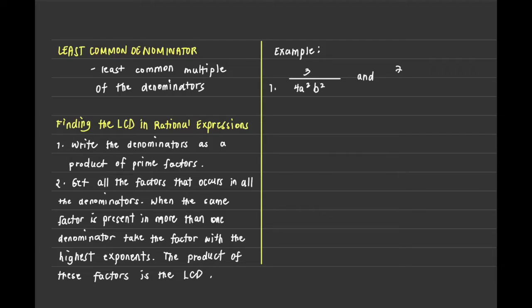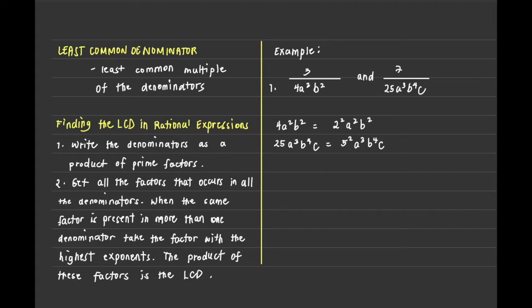Number 1. We have the denominators 4a squared b squared and 25a cubed b raised to 4 c from the given rational expressions. We get their prime factors and we now get the LCD by multiplying 2 squared, 5 squared, a cubed, b raised to 4, and c.